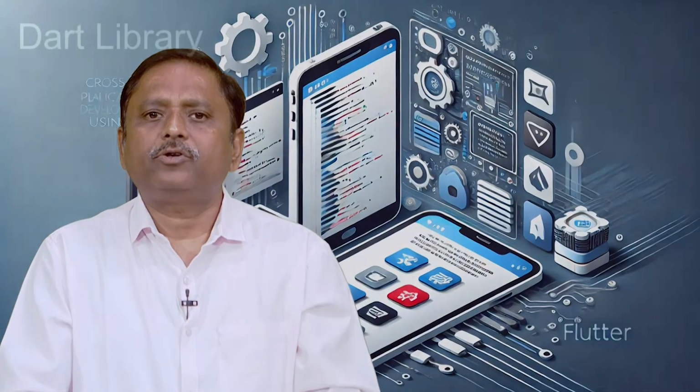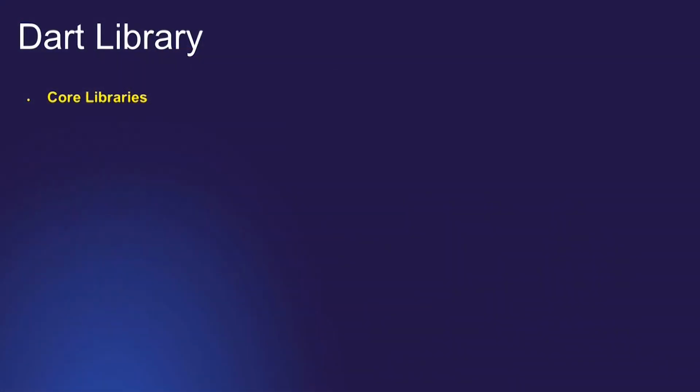Now, let us try to understand various Dart libraries. Like any other programming language, Dart has a huge set of libraries with ready-made functions that you can use inside your code.